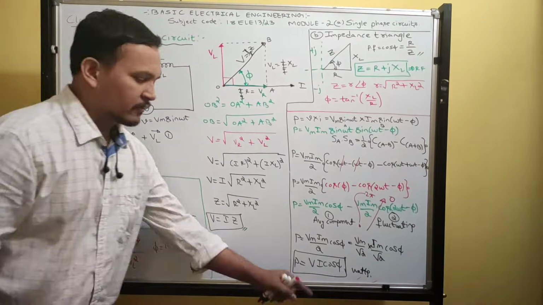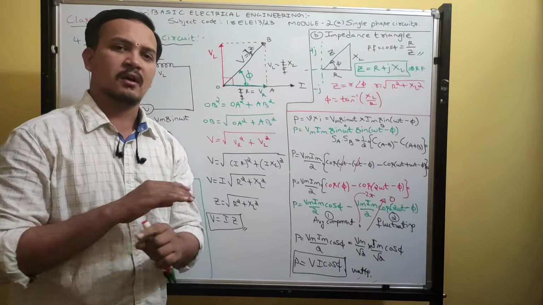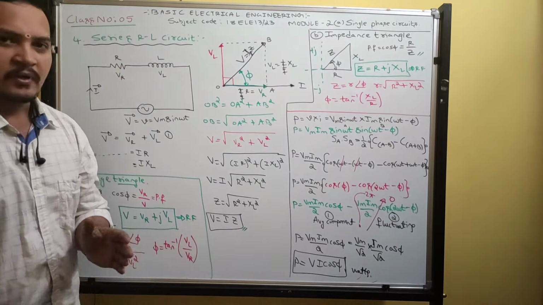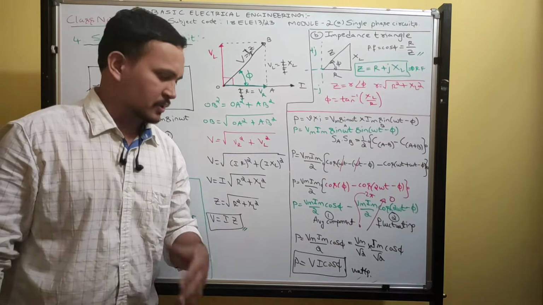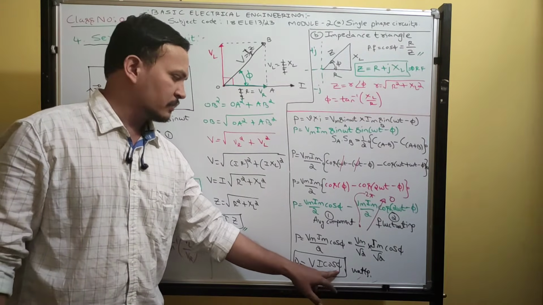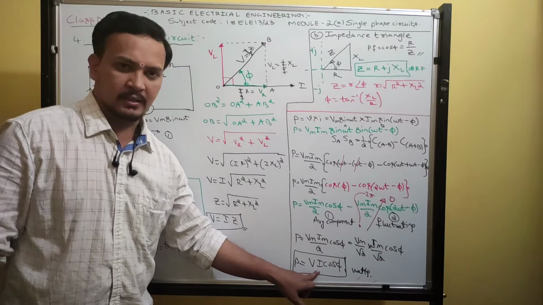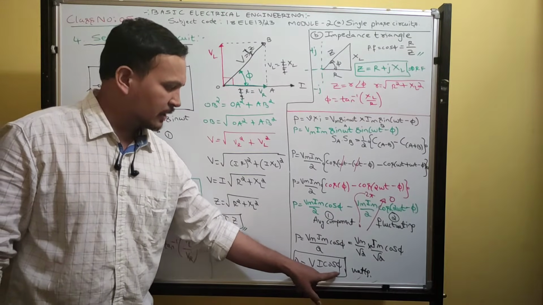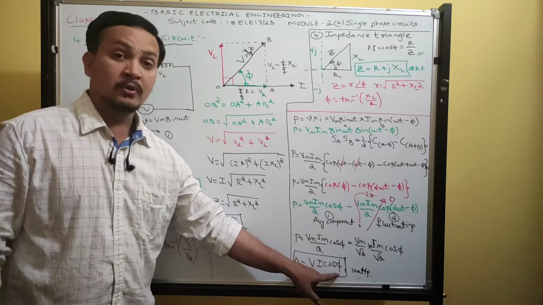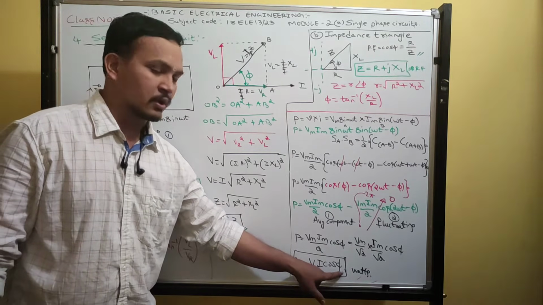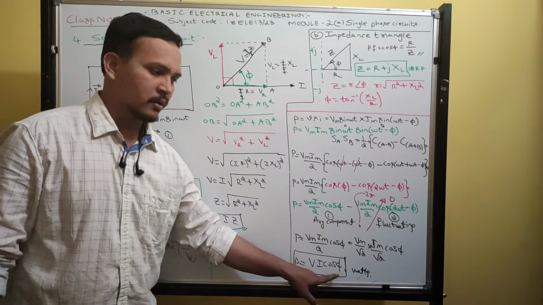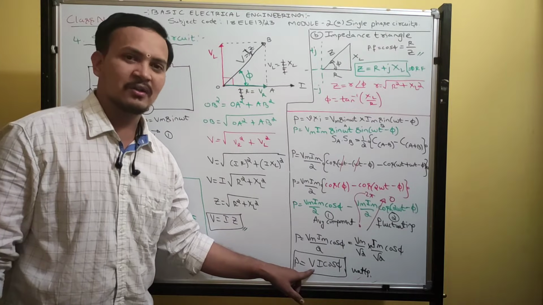Guys, the same equation I am going to cross check for all types of circuits now. What we learned: resistive, inductive and capacitive. This pi indicates the angle between voltage and current. In a pure resistive circuit, what is the angle between voltage and current? 0 degree. What is cos 0? 1. 1 into VI is VI.